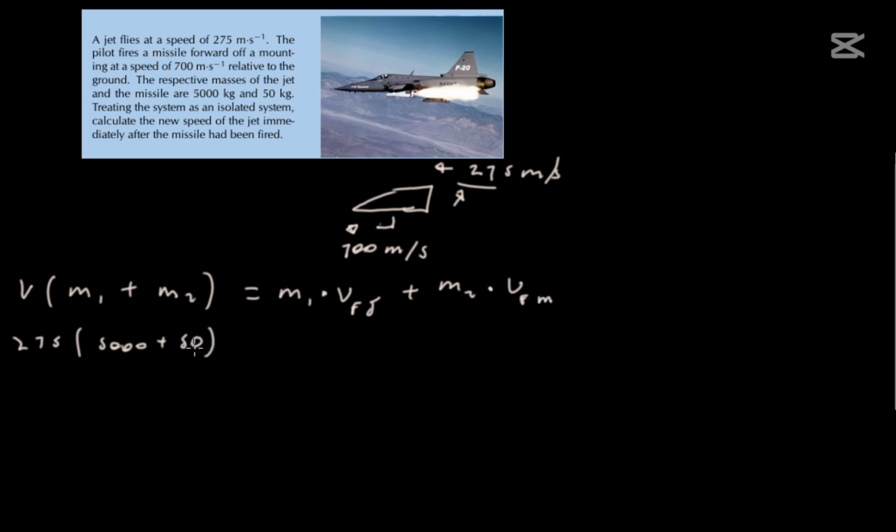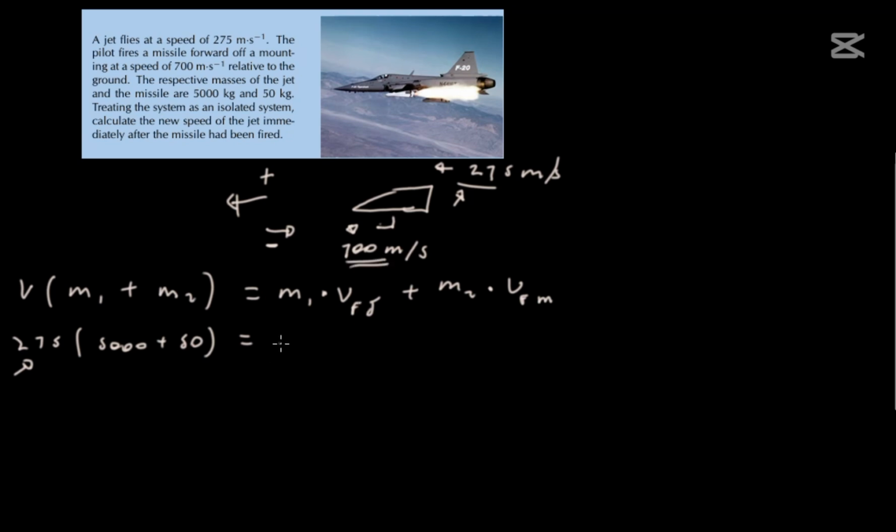275 meters per second multiplied by 5,000 plus 50. As you can see here, I put my velocity as positive. It means left is taken as positive and right is taken as negative. So equals, the missile, after it has been fired, moves to the left. It means it's still going to have positive velocity.